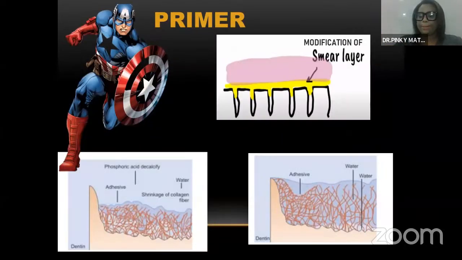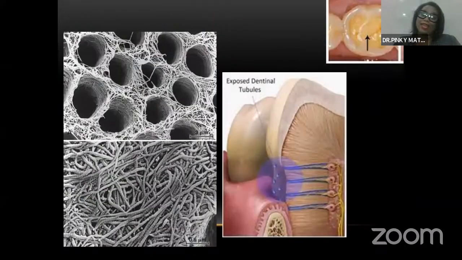Let's go ahead. Something which I need to discuss here in detail before I move on to my next slide is whenever your phosphoric acid is going to come in and condition your surface, it's going to dissolve whatever hydroxyapatite you're having, or whatever organic and inorganic content you're having.